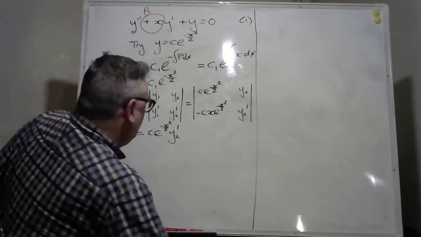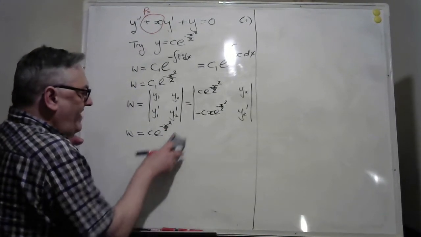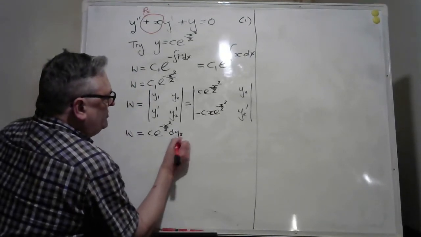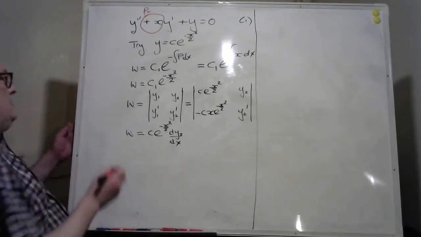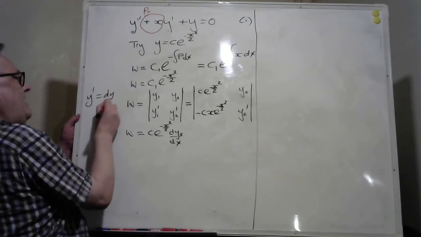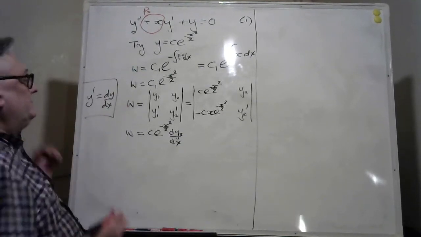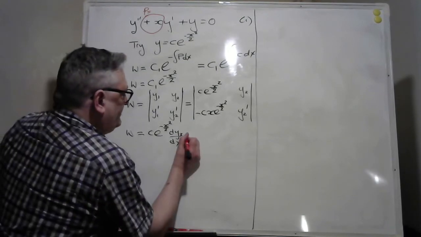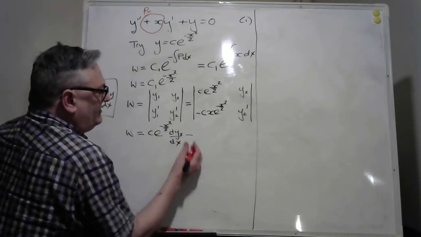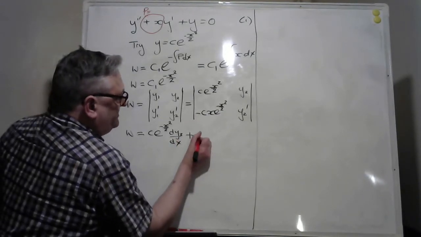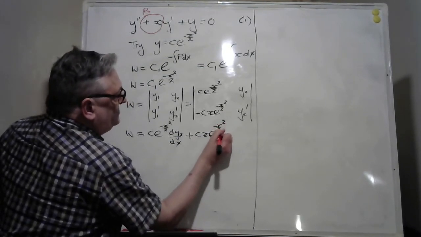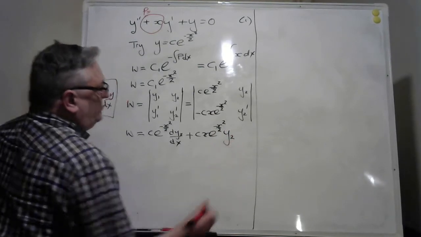In fact, I like to write that for the purposes of what we're about to do next as dy2 by dx. Y prime equals dy by dx. Right? Now, we're subtracting this times this. Well, minus times a minus is a plus. And we've got c x e to the minus x squared over 2 y2.